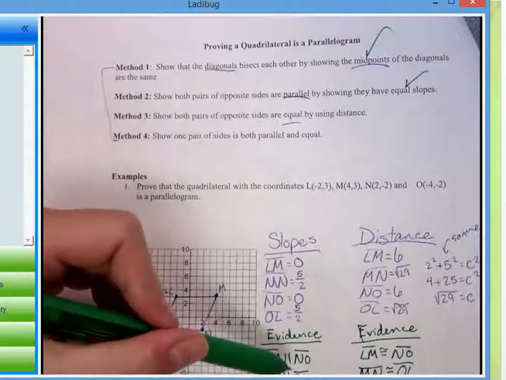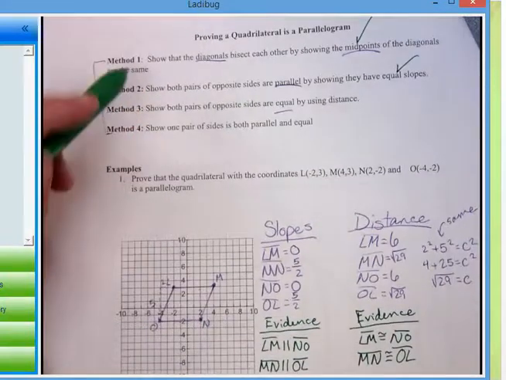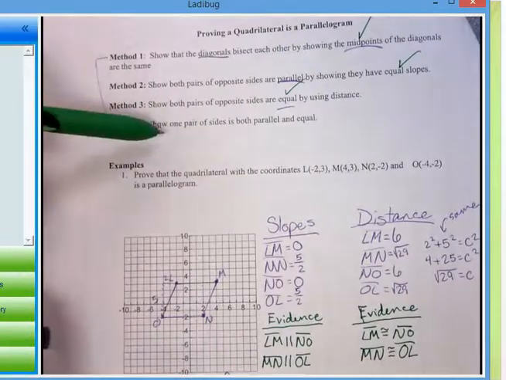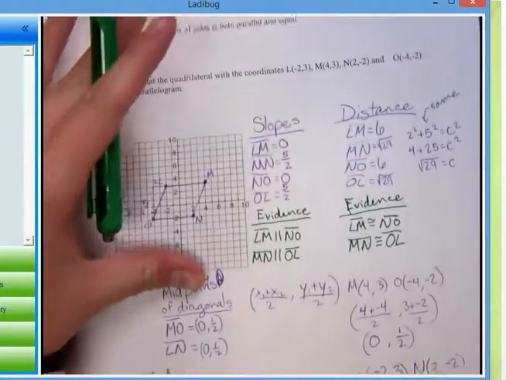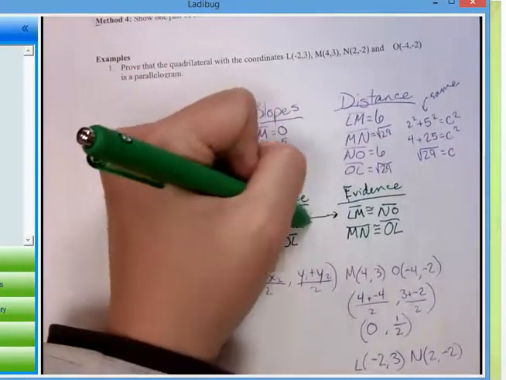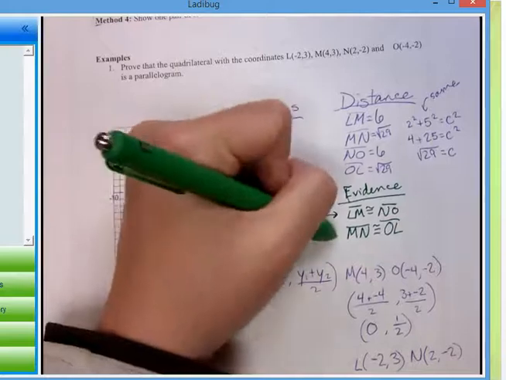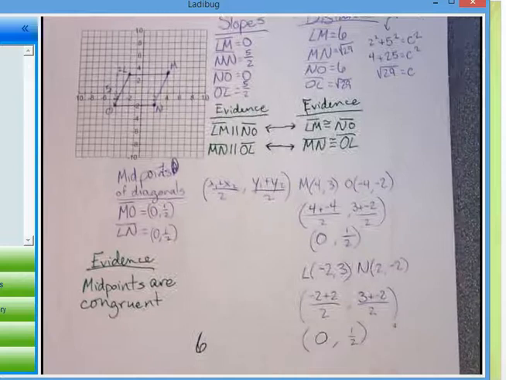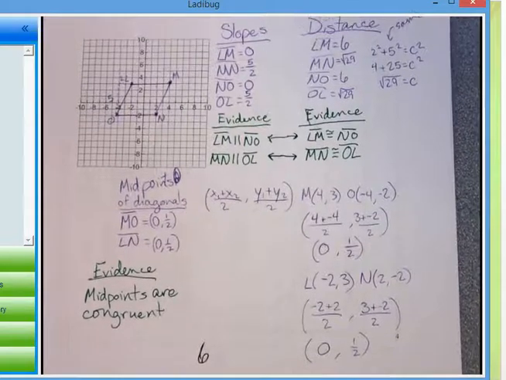That their slopes are equal, and we showed that they're parallel. Show that they're equal using distance. Yay. Show that one pair of sides is both parallel and equal. Okay? Right here, we did that. One pair of sides, both parallel and equal. So we have solved using all of those things.